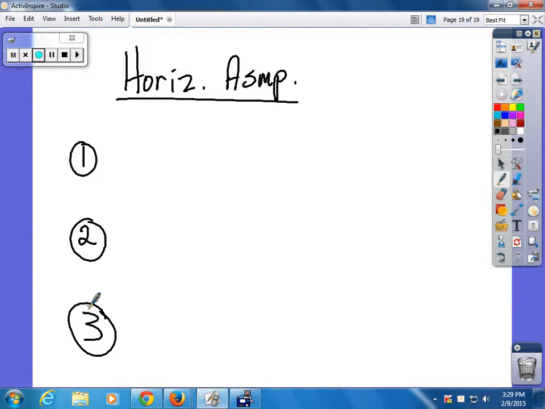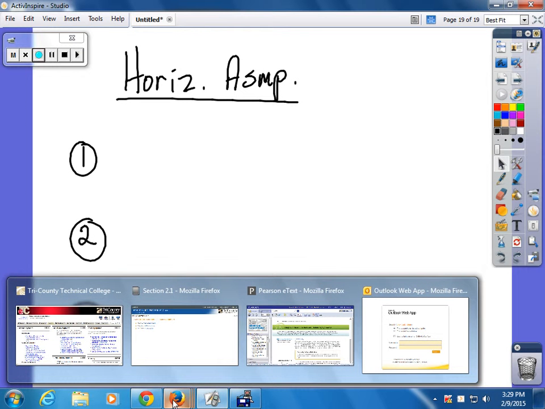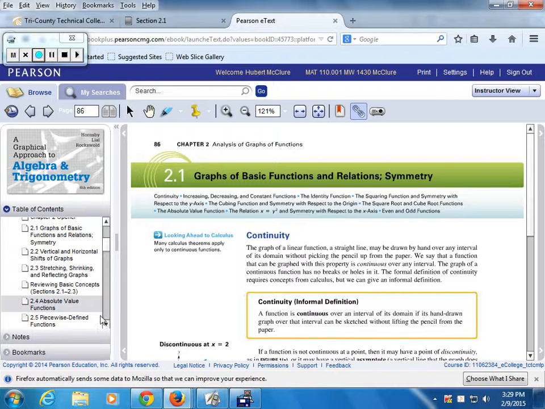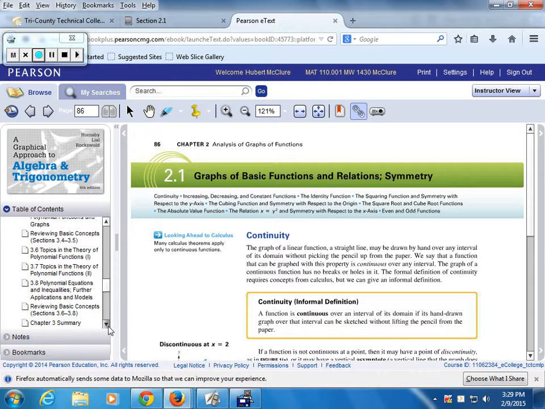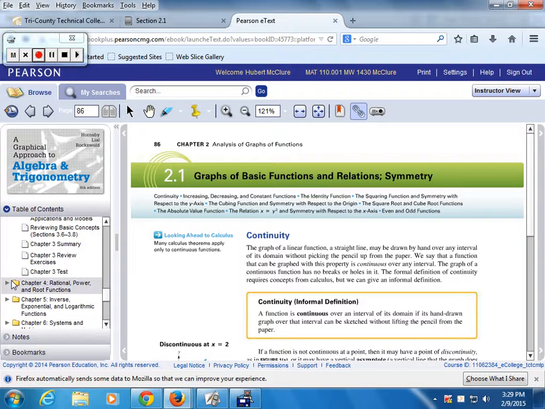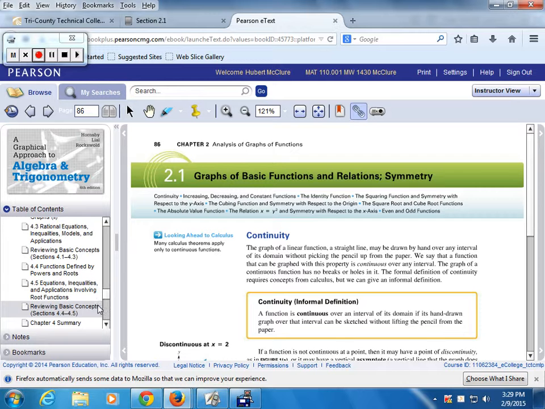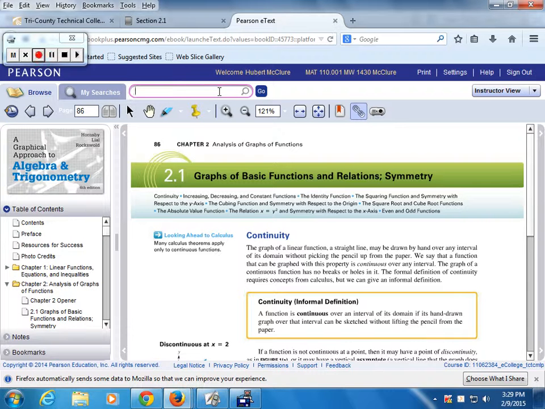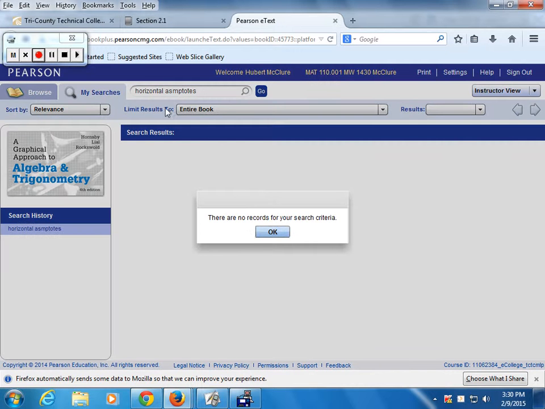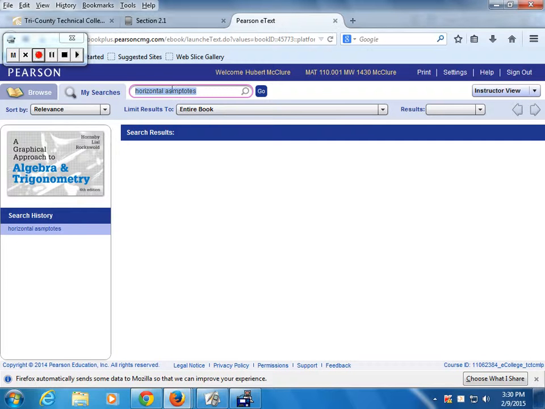Let me find it. I need a table of contents. Let me search for horizontal asymptotes.